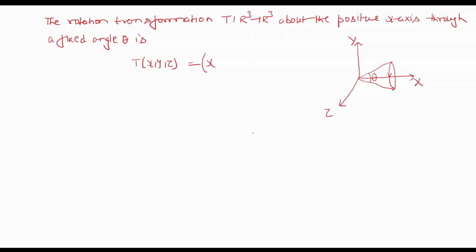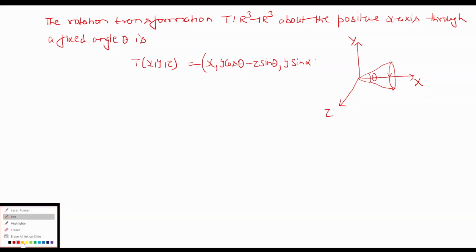Then similarly, you have to find the y and z components, as we did earlier. We will not do the derivations here. So the y component will become y cos theta minus z sin theta, and the z component will become y sin theta plus z cos theta.